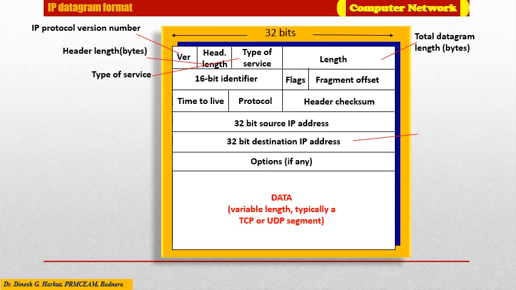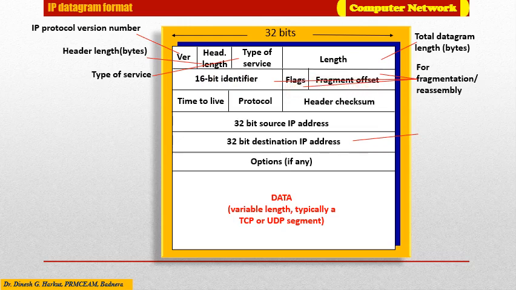Since this field is 16 bits long, the theoretical maximum size of the IP datagram is 2^16 minus 1, that is 65535 bytes. However, datagrams are rarely larger than 1500 bytes.